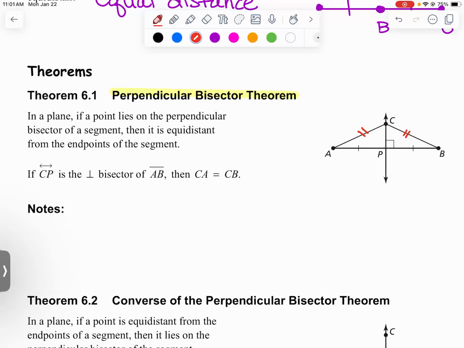CP is a perpendicular bisector of this segment AB. We have a 90-degree angle and it's going through the midpoint. So any point I make on this red line is going to be equidistant from those endpoints A and B.